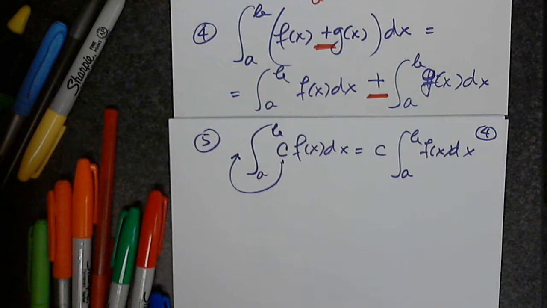There are some comparison properties, but I would like to practice this for a moment, and then we'll go back to the comparison properties. Problem 47, 48, 49, 50 on page 384.